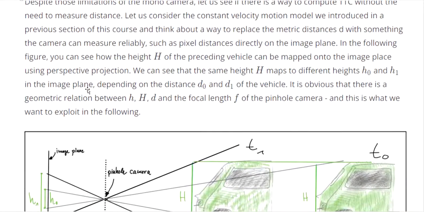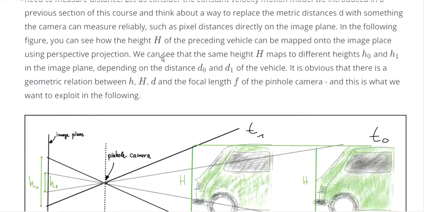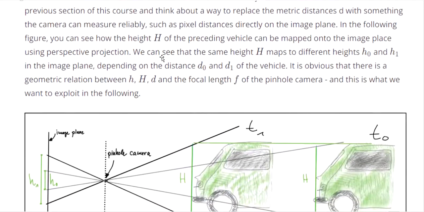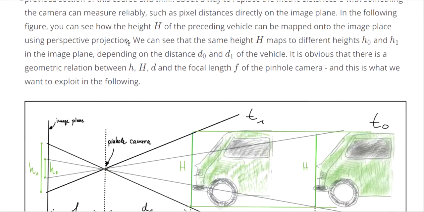Let's consider the constant velocity model we introduced in the previous session, and replace the metric distance d with something the camera can measure reliably, such as the pixel distance directly on the image plane.